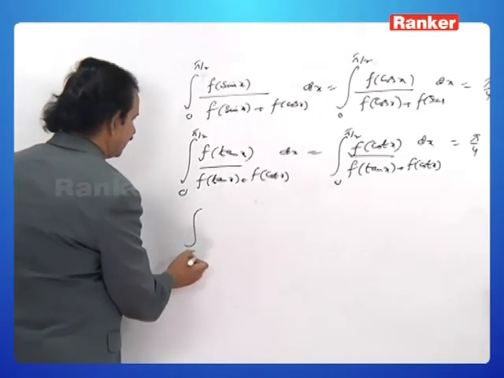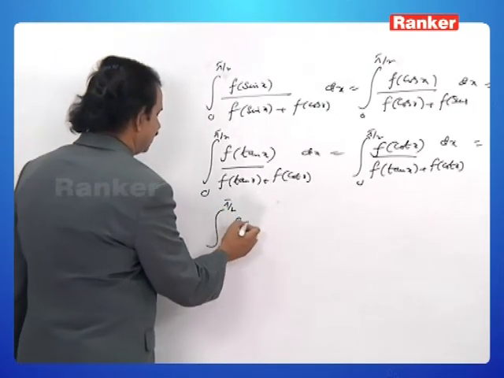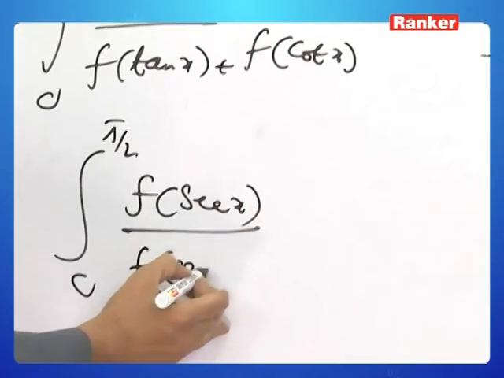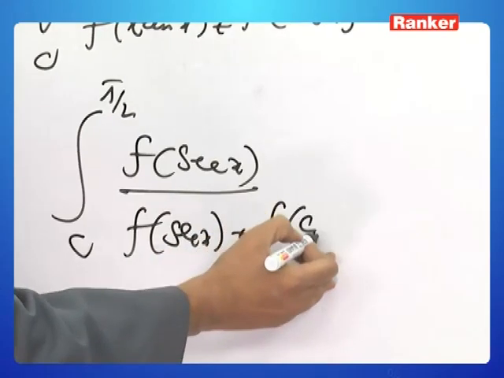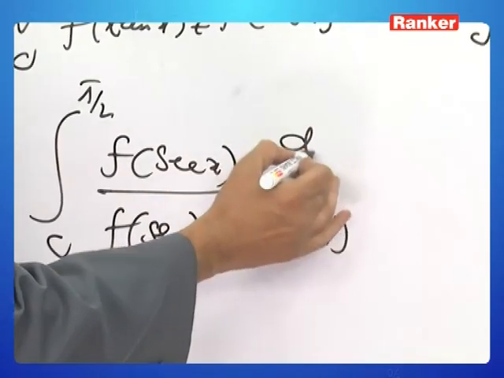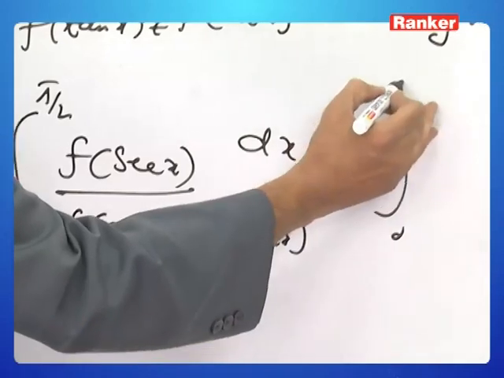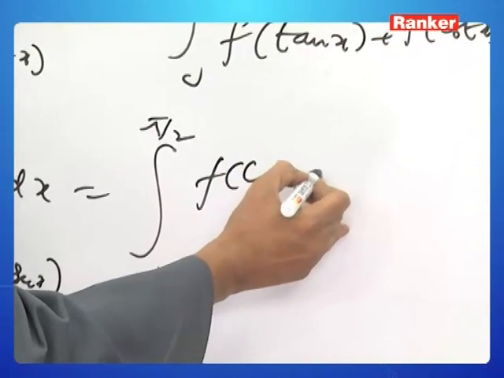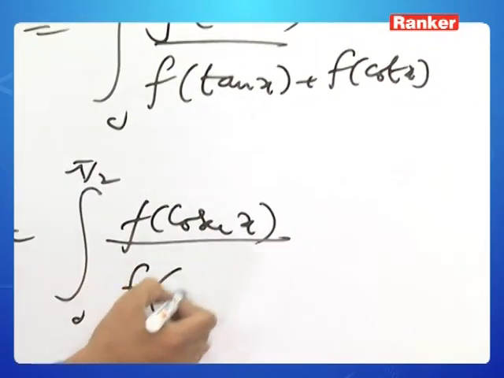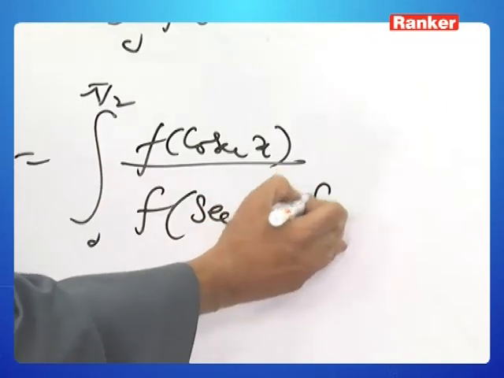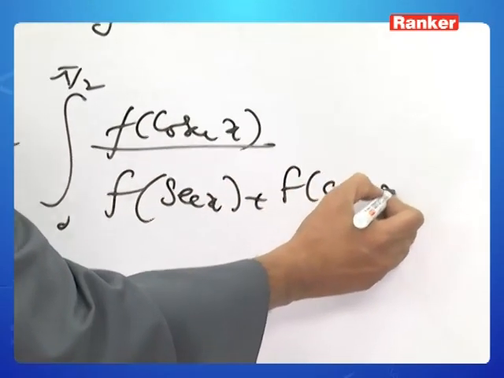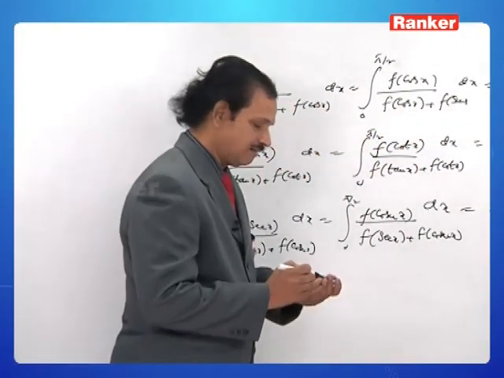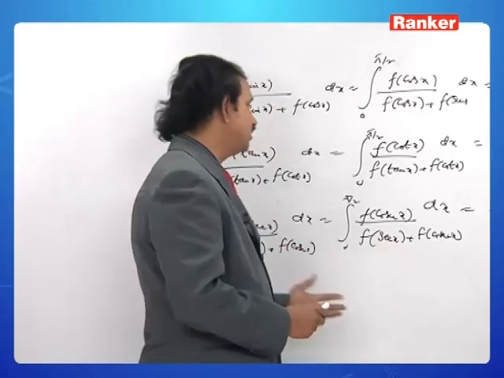Similarly, integral 0 to pi by 2 f of secant x by f of secant x plus f of cosecant x dx is equal to integral 0 to pi by 2 f of cosecant x by f of secant x plus f of cosecant x dx is again pi by 4.